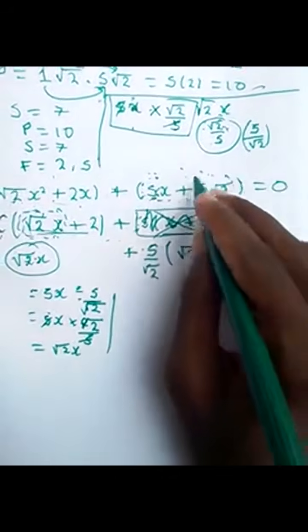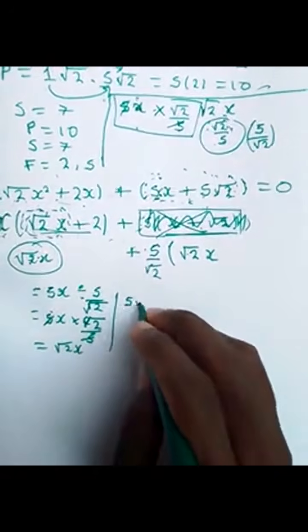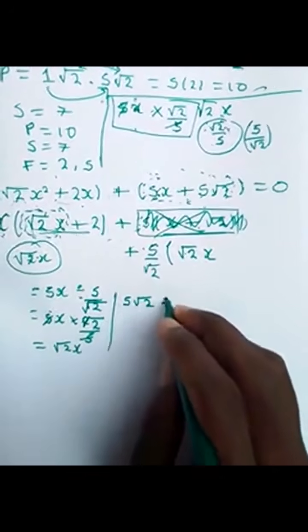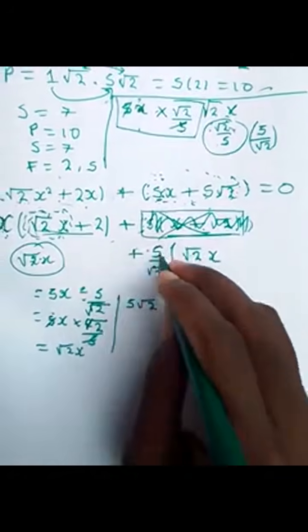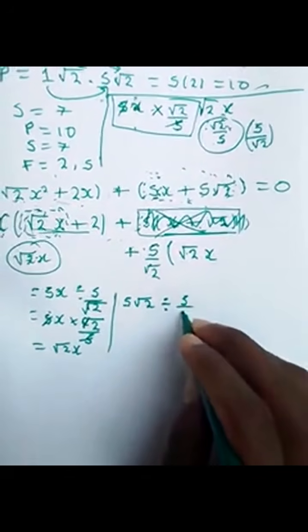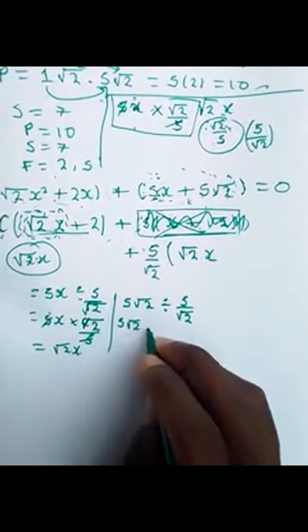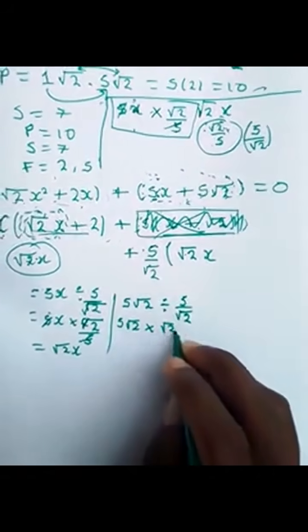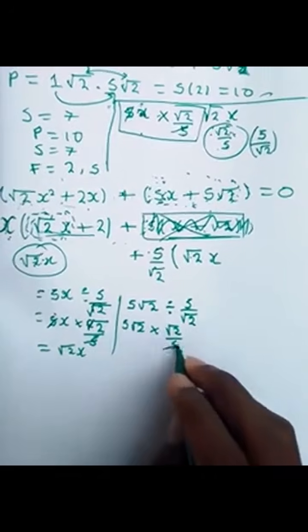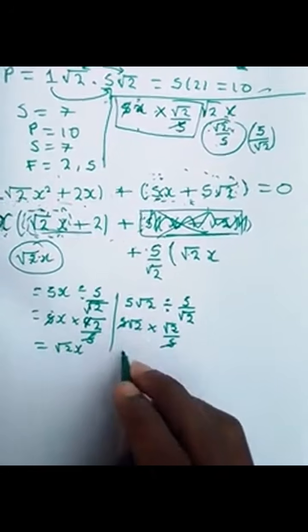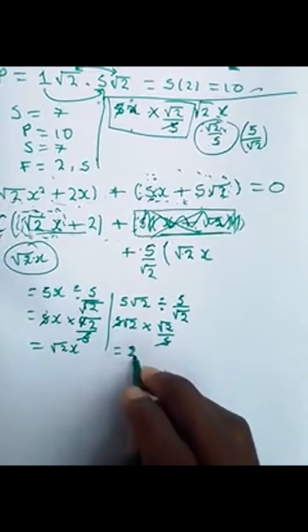And then I'll get this one. 5 square root of 2 divided by this value here. 5 over square root of 2. 5 square root of 2 times, which can also be written as square root of 2 over 5. 5 and 5 will cancel, right? Square root of 2 times 2 is going to be 2.